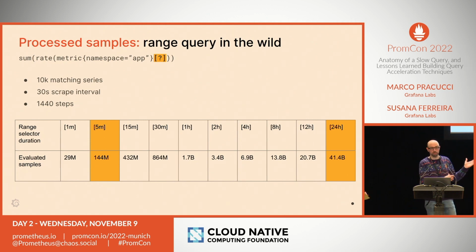If instead of 5 minutes you put 24 hours, the number of samples to iterate over and over is 41 billion. And what we see is that the time it takes to process the samples nearly linearly increases with the number of samples to process. So that's something to keep in mind when you're going to run your next range query.